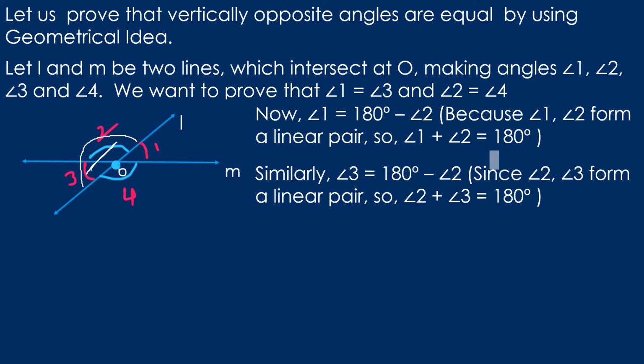Therefore, angle 3 can be written as 180 degrees minus angle 2. So here, compare angle 1 and angle 3. Both are equal to 180 degrees minus angle 2. Therefore, we can write angle 1 is equal to angle 3.